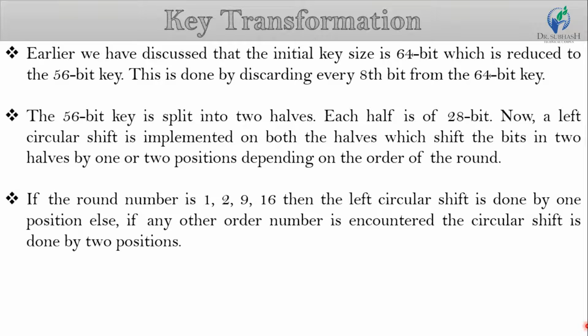If the round number is 1, 2, 9, or 16, then the left circular shift is done by 1 position. Else, if any other round number is encountered, the circular shift is done by 2 positions.